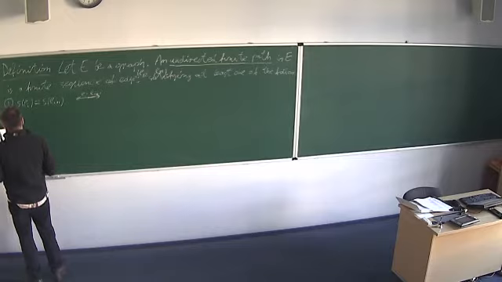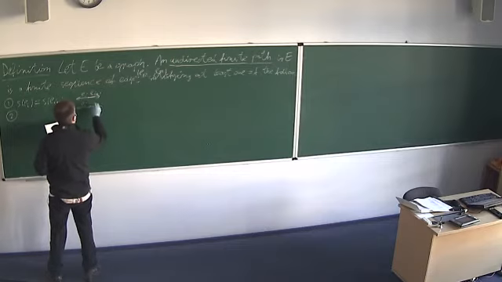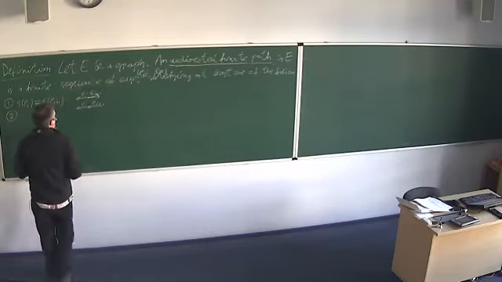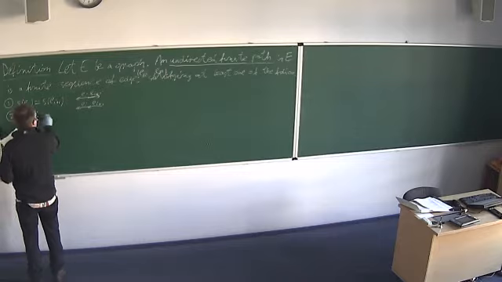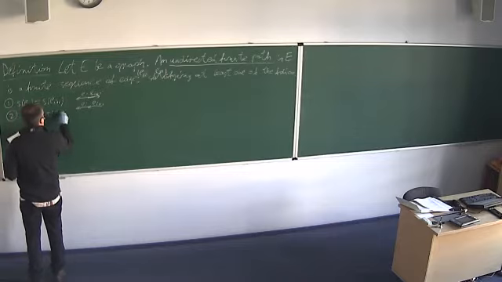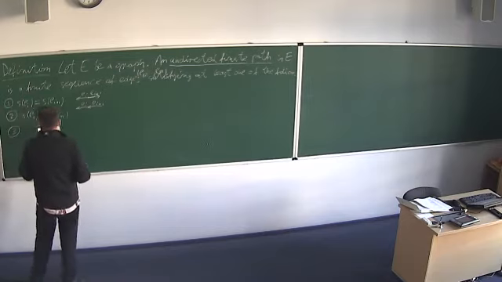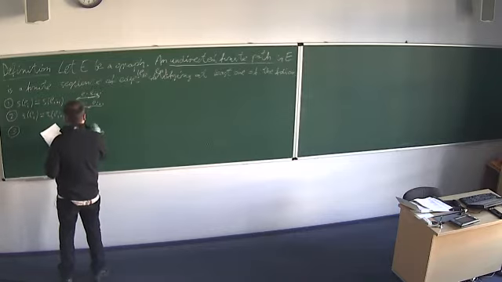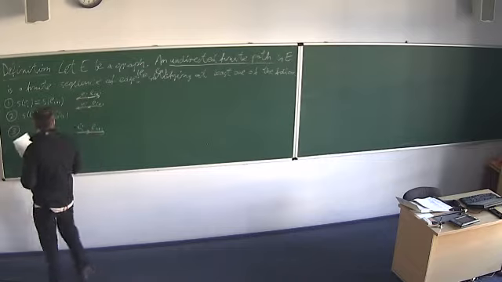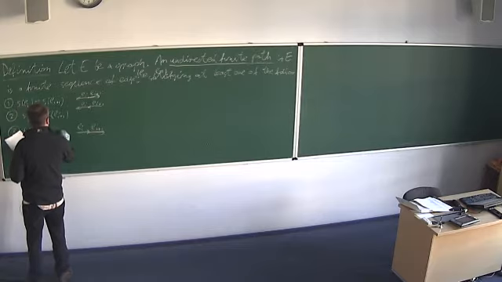Another possibility is that arrows go to the left and they meet in this middle vertex. So e_{i+1}. And now what do I say? I say that the beginning of the edge e_i is equal to the end of the edge e_{i+1}. The third possibility is when they go in the opposite direction. And then, of course, we'll have that the end of e_i is equal to the beginning of e_{i+1}.